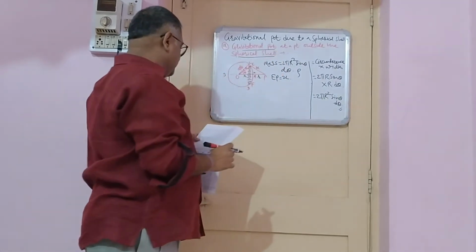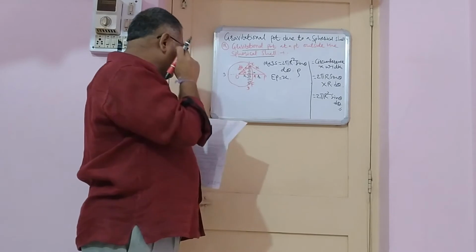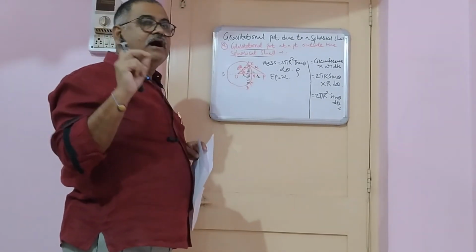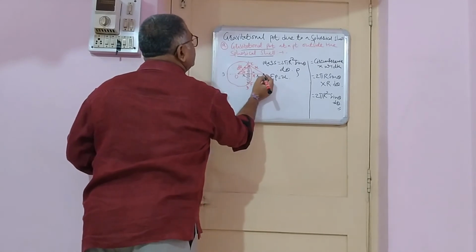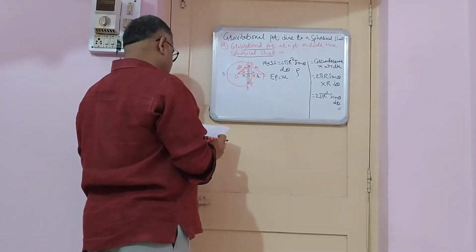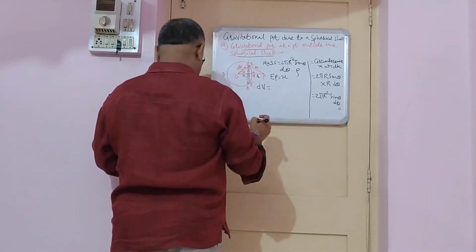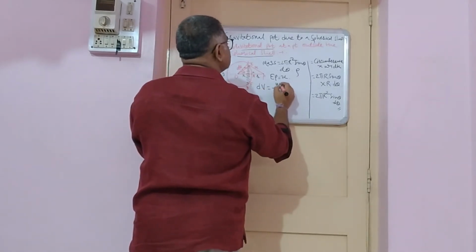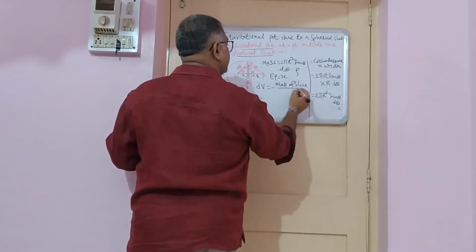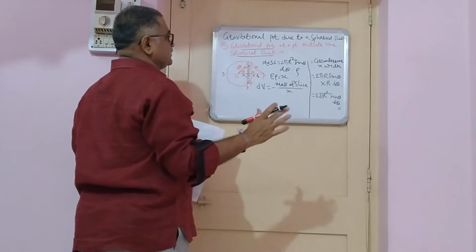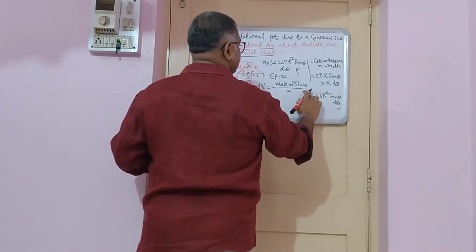Therefore the potential at P due to this small slice is given by dV equals minus G into mass of slice upon x. Again, x is nothing but this distance.